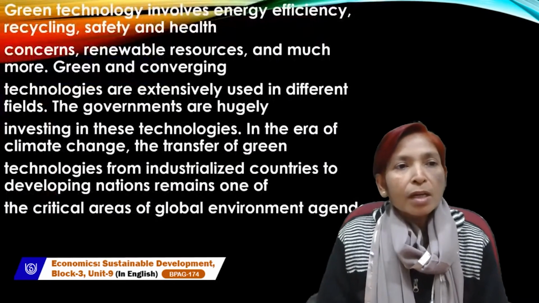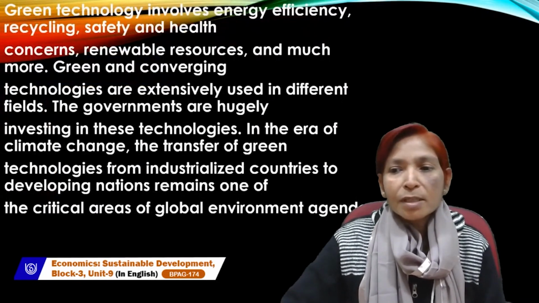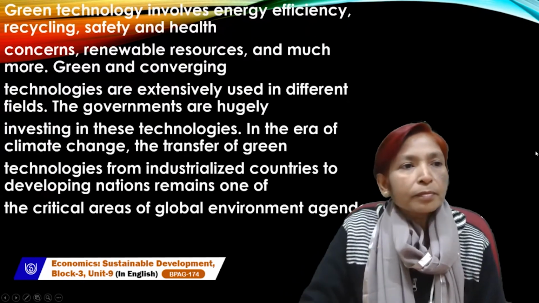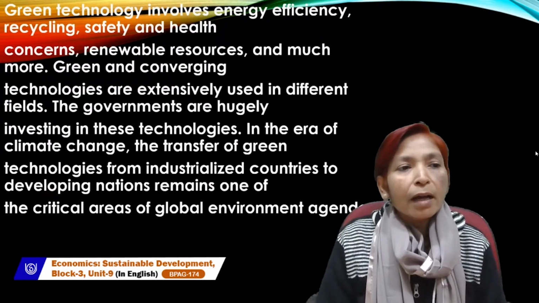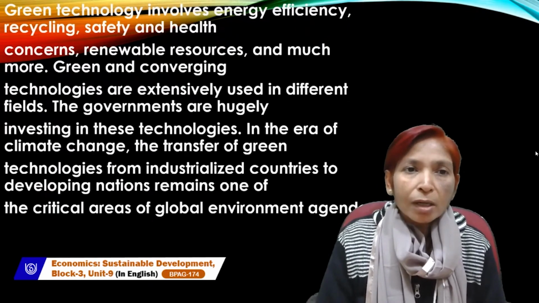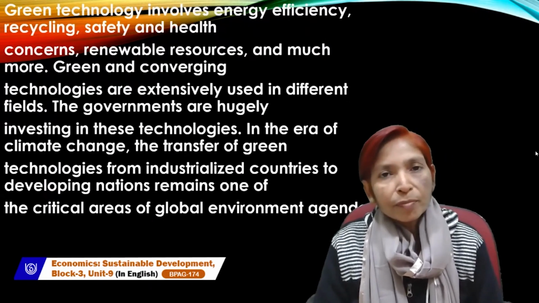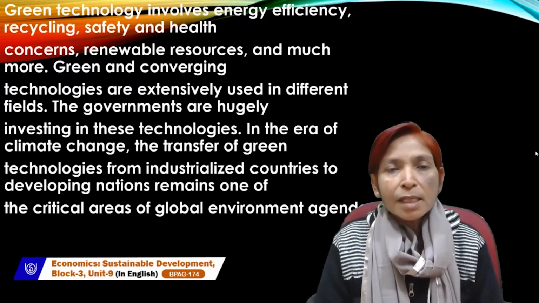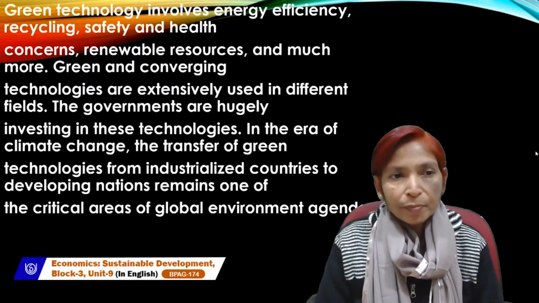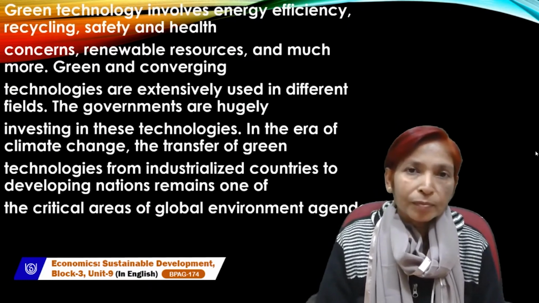Next is green technology involves energy efficiency, recycling, safety, and health concerns. What does green technology involve? Green technology involves energy efficiency, recycling, safety and health concerns, renewable resources, and much more.